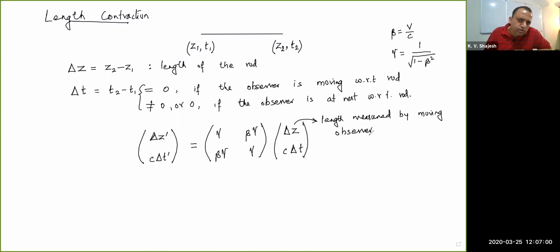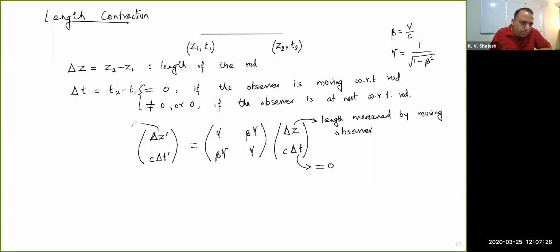Since this observer is moving, it is necessary, as per our prescription of measuring the length of the rod, that delta t has to be equal to 0. They have to come up with a technique that involves measuring this length simultaneously. That means measuring the two ends of the rod simultaneously, so that delta t has to be equal to 0.